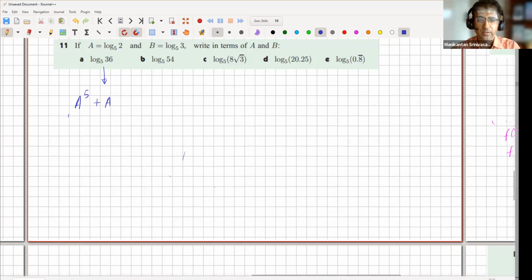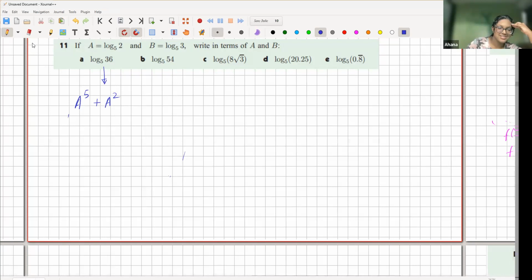What are you doing? After doing so many order problems, you're faltering in this. So I'm giving 2a plus 2b. Exactly, 2a plus 2b. What are you doing, Ahana?